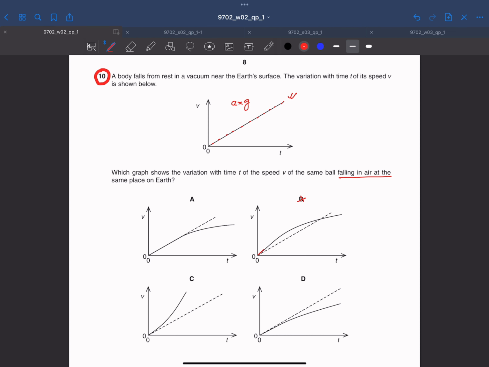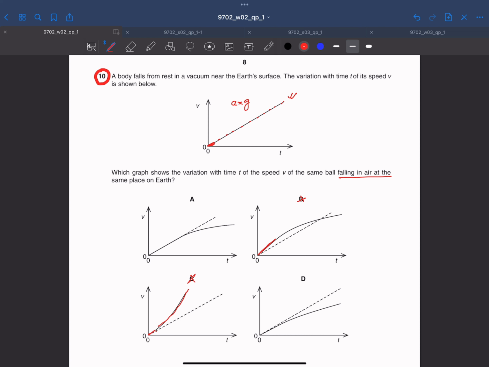Any graph cannot have anything like this, because this shows more velocity. So in air there will not be any increased velocity situation. Similarly in part C, this part shows the same velocity as here, but then you can see the velocity is increasing. So again, this is not a possible situation.